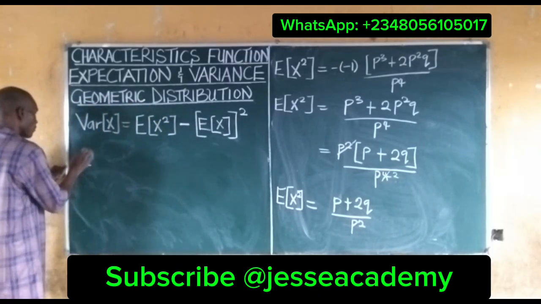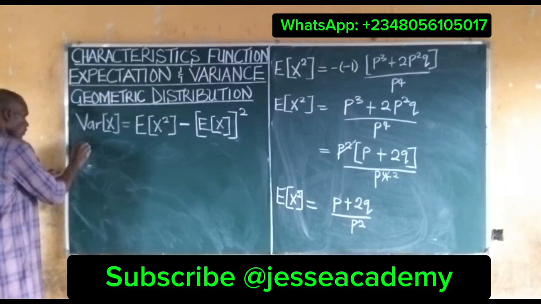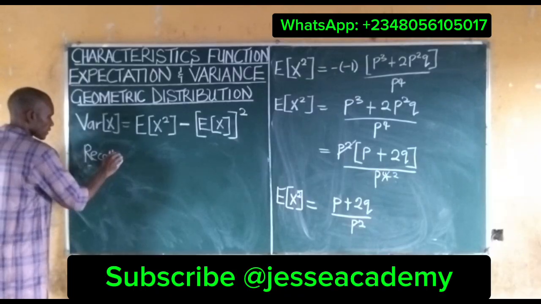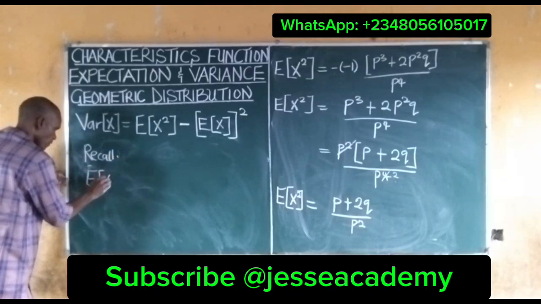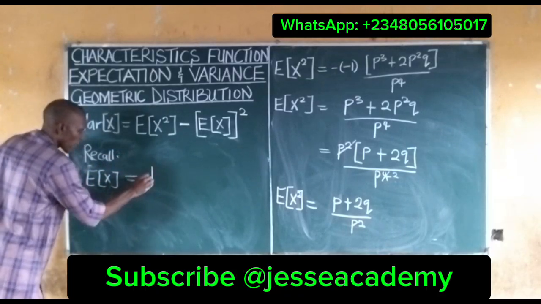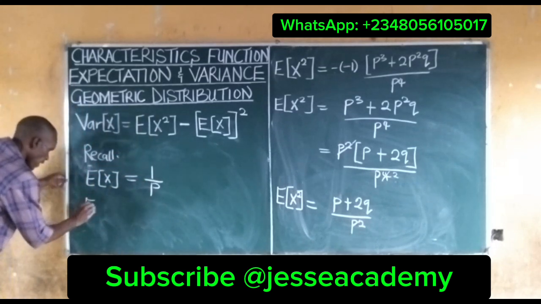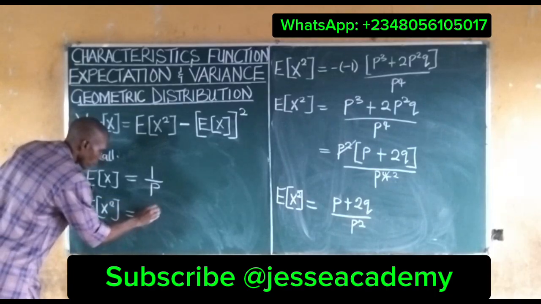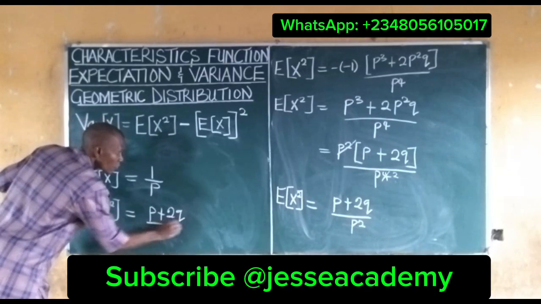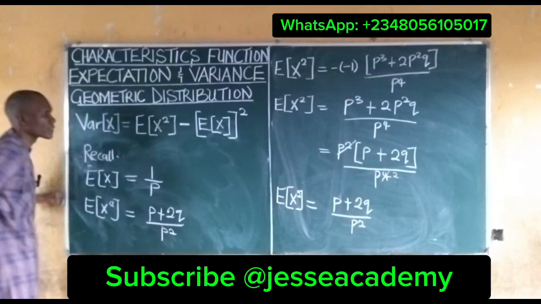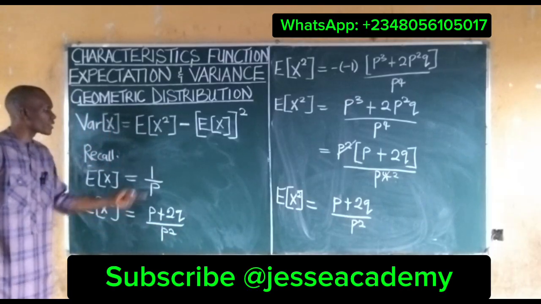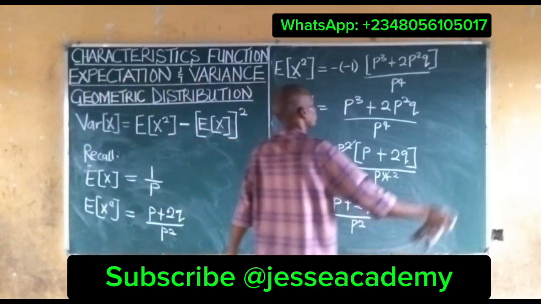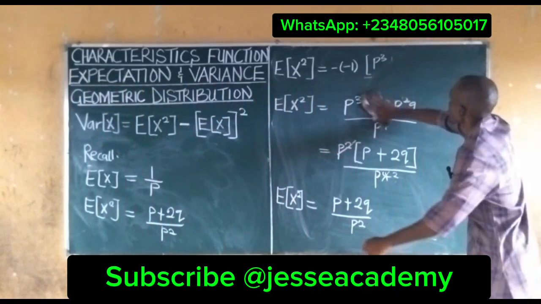Recall that our expected value of x is equal to 1 all over p, and our expected value of x squared is p plus 2q all over p squared. So all we need to do is just to substitute this into the variance formula. For us to do that, we move over to this side of the board.